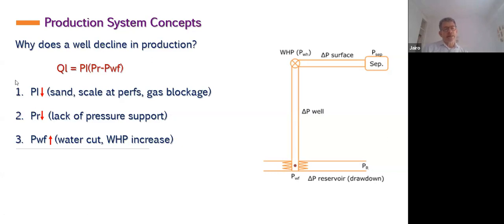Basically it is a reservoir on solution gas, and flowing pressure will increase due to increasing water cut or increasing wellhead pressure. That's why, as I mentioned before, it's key to keep the wellhead pressure to the minimum possible in order to reduce the flowing borehole pressure and be producing the maximum.